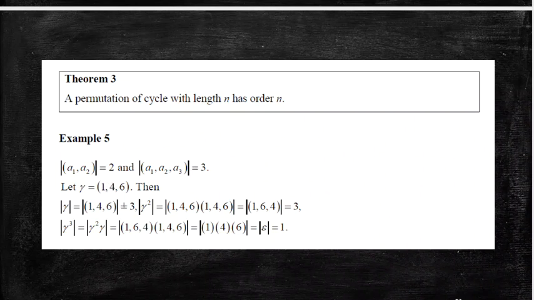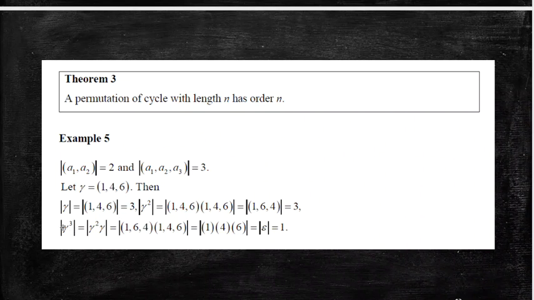That means 3. And then we multiply gamma with gamma. (1 4 6) multiplied with (1 4 6), and what we have here is (1 6 4). 1 goes to 4, 4 goes to 6, 6 to 1, 1 to 4. We have (1 6 4), which is order 3.